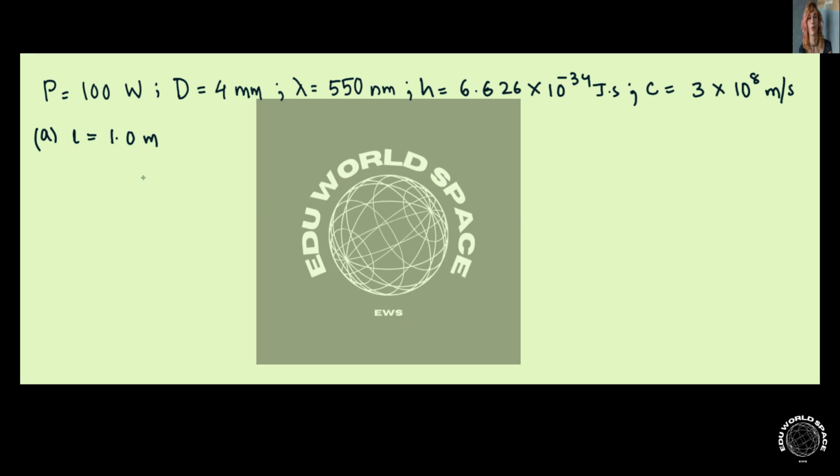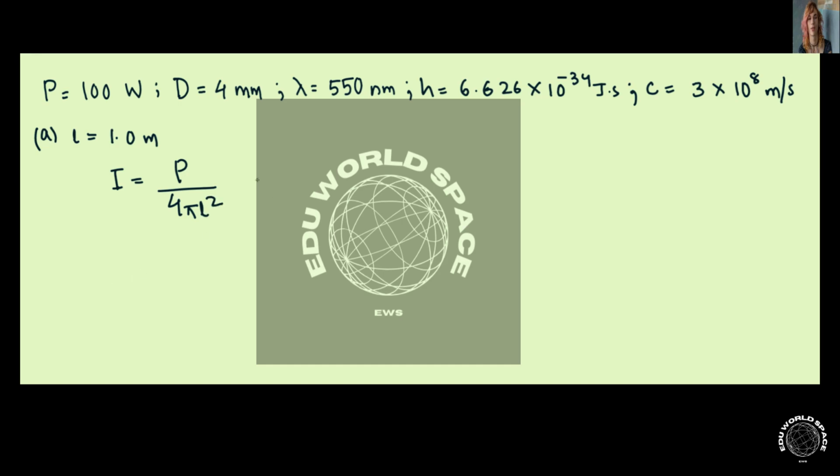So the intensity of light at a distance of L is equal to the power in the visible spectrum over the surface area of the sphere of radius L. The surface area of a sphere is 4 pi L square.